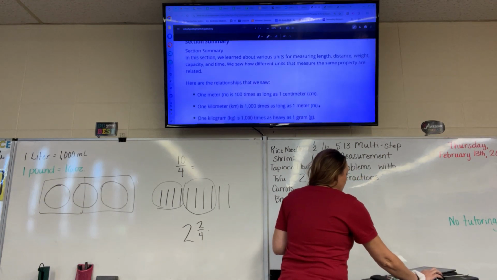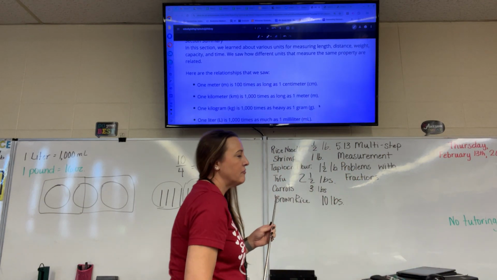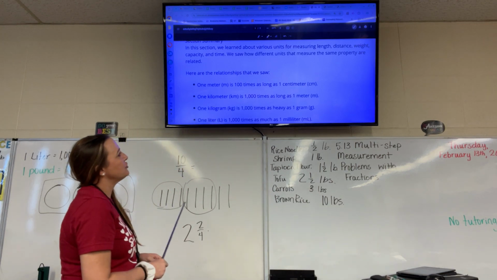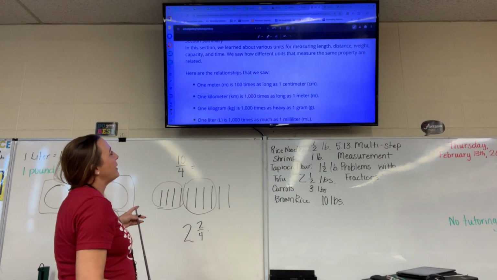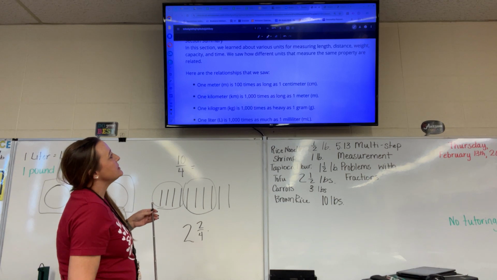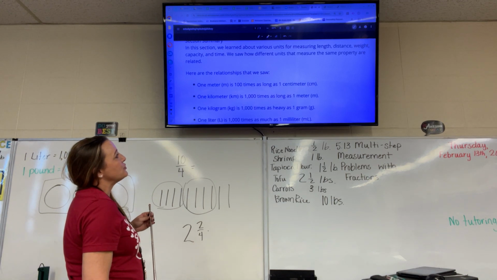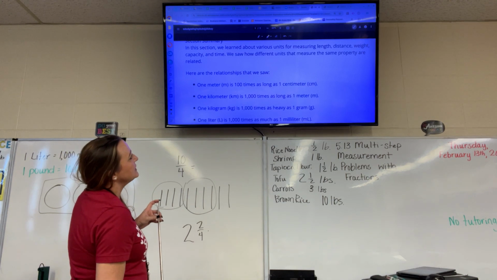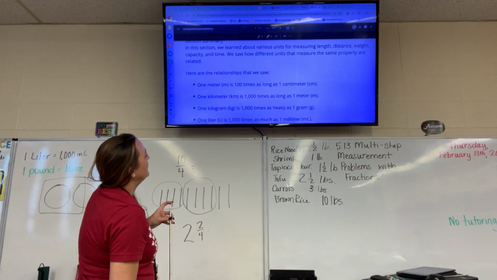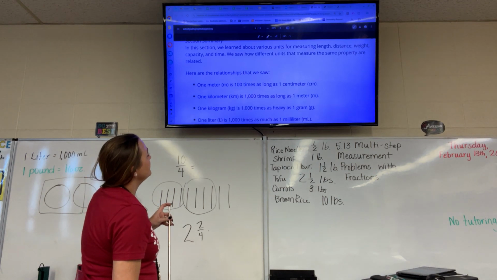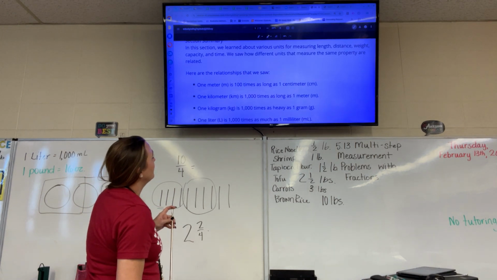In this section, we learned about various units for measuring length, distance, weight, capacity, and time. We saw how different units that measure the same property are related.